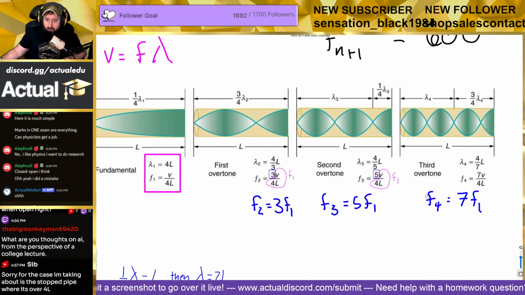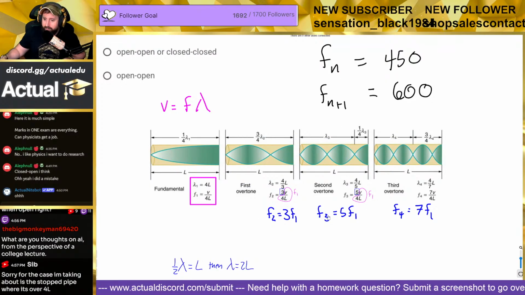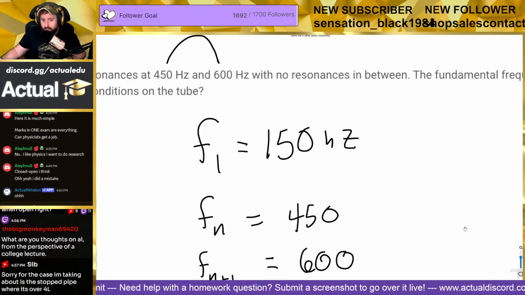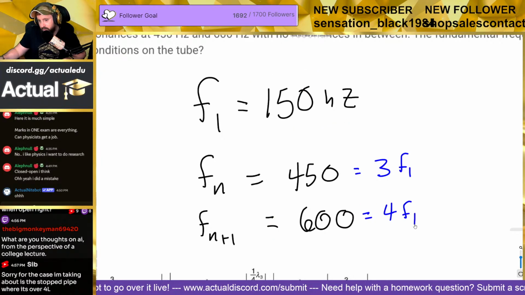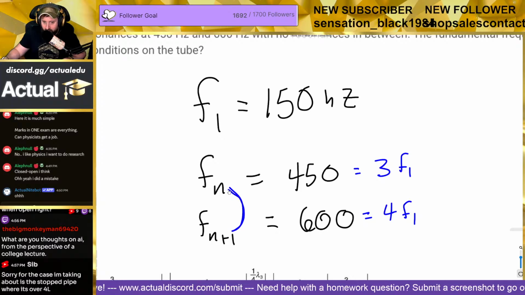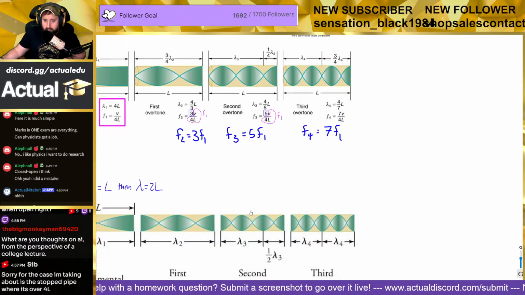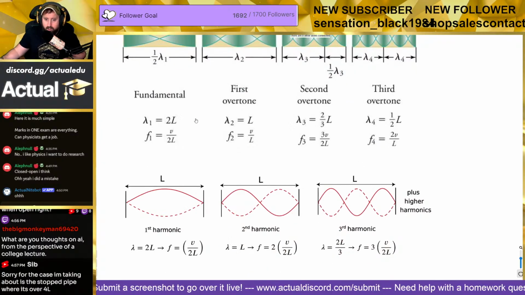Anyways, the main thing here is that any of your harmonics are now 3 times, 5 times, 7 times, and so forth, right? If we look at this, this is how much of the fundamental frequency. Well, I say, okay, cool, this is 3F1. This, 600, is equal to 4F1. And this makes sense because they should be like the next harmonic, right? But since it's 3 times and then 4 times, the only way you can get 3 then 4 is with either open or closed.